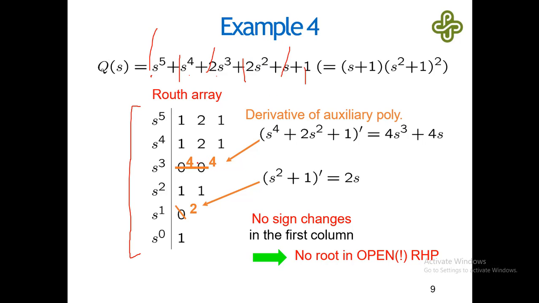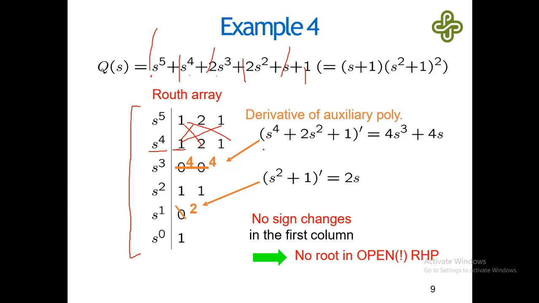So the row as a whole becomes 0 after the procedure, that is this thing minus this thing divided by this thing. Similarly, this thing minus this thing divided by this thing, these both get 0. So to avoid that, you have to use the auxiliary polynomial equation.